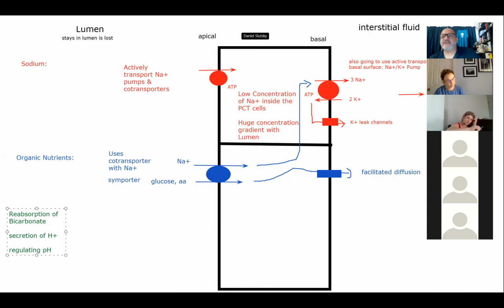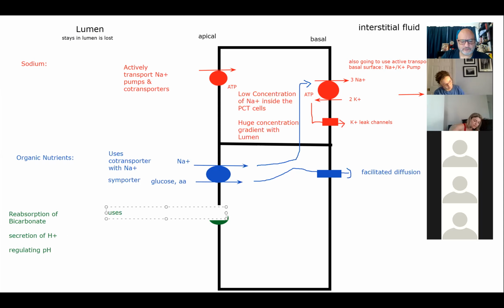It starts this time with an antiporter. So again, it's a co-transporter with sodium, but this time it's an antiporter.